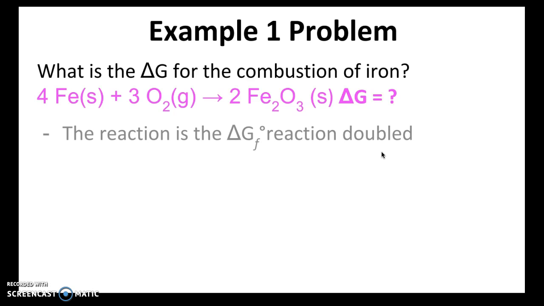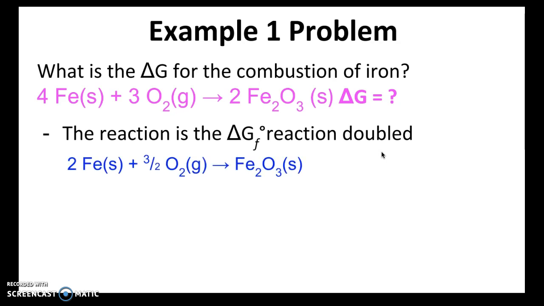Well, if you take a closer look, you'll see that the reaction is actually the delta G formation reaction just doubled. What do I mean by that? The delta G formation reaction of iron oxide is this. We're producing 1 mole of iron oxide from iron solid and O2 gas. And that matches up.